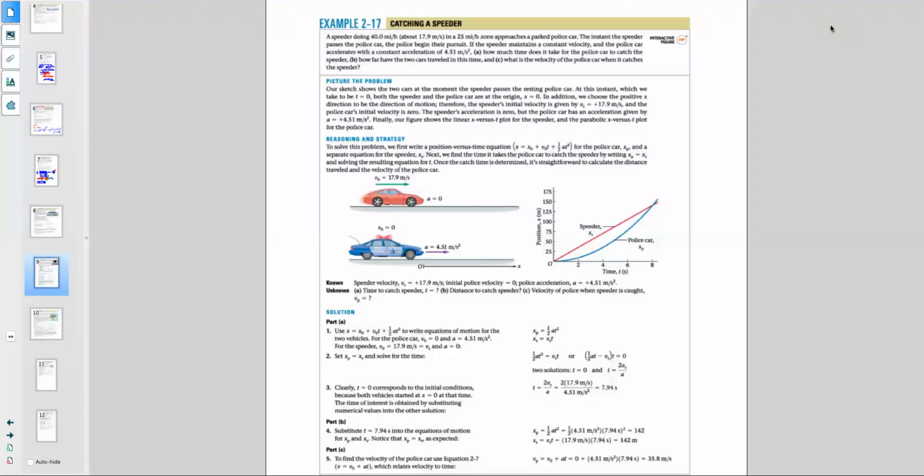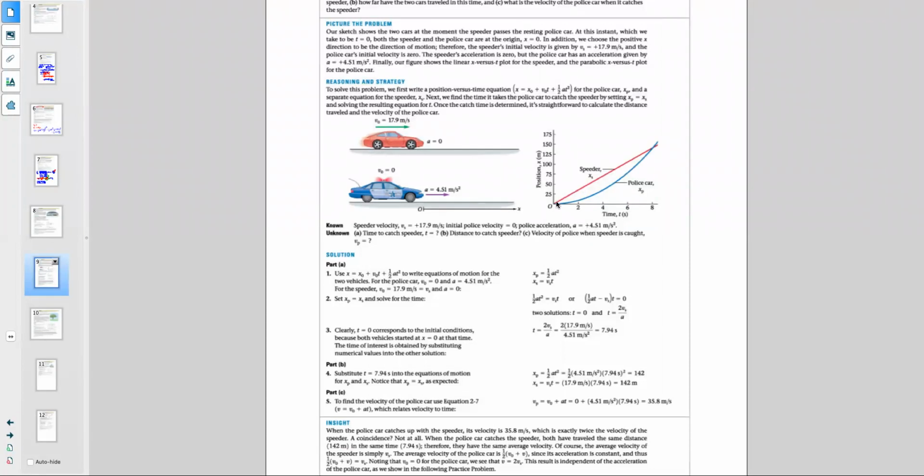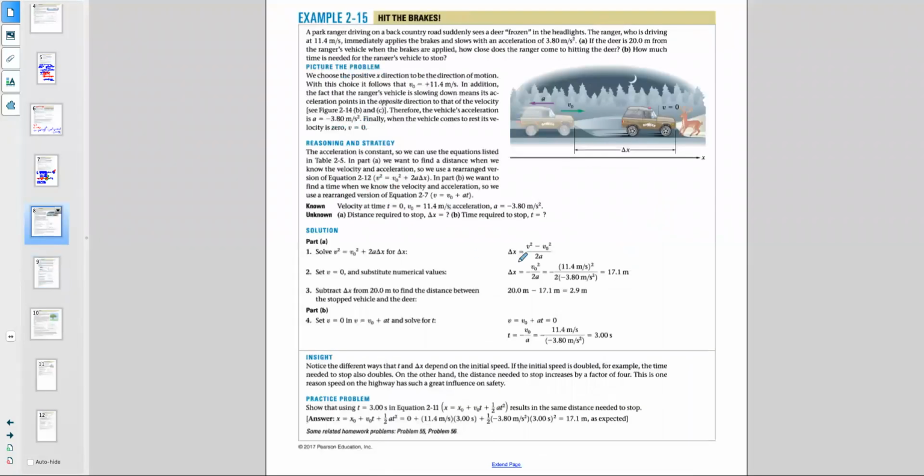Okay, so here, I'm not going to solve all the problems, all the examples in the book, but I have it in this file, so you can take a look at them and work on it. For example, this one is also a very important problem, and there is a solution for it as well. Over here, I have another problem with the same type of formula that we used, the time independent formula.